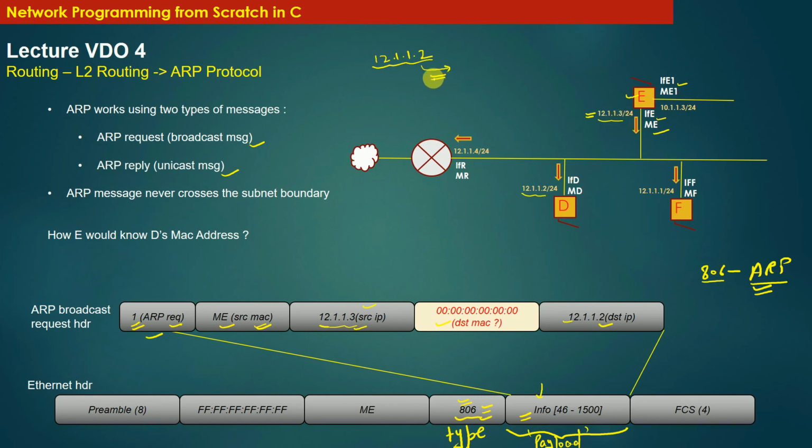So clearly this IP address for which ARP is being resolved falls in the subnet 12.1.1.0/24, which is configured on interface IFE, and therefore machine E launches the ARP broadcast request out of interface IFE and not IFE1. So this is one important concept here, that is how the machine decides out of which interface it has to launch the ARP broadcast request message.